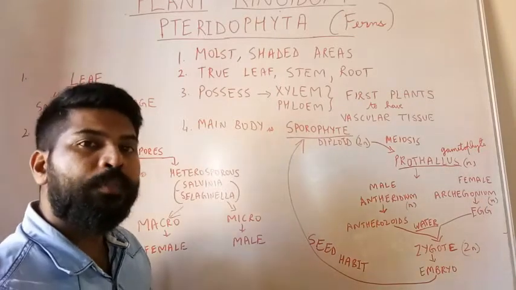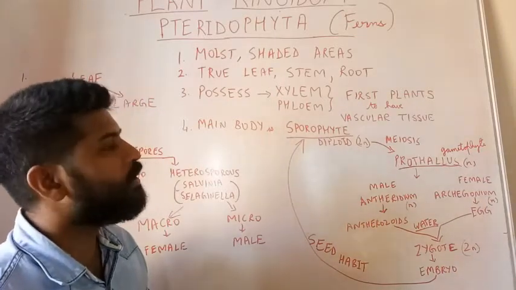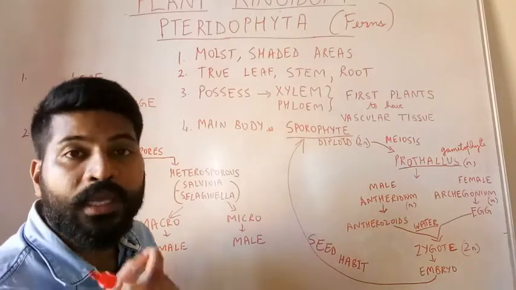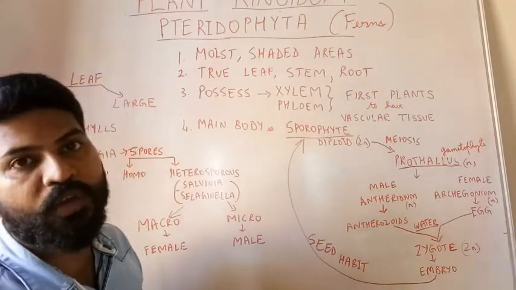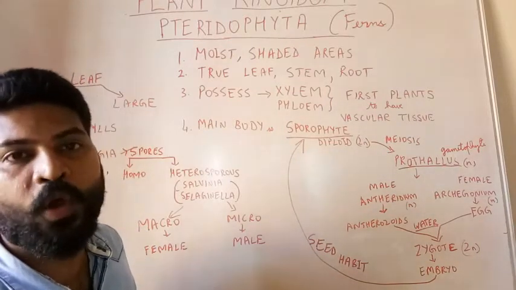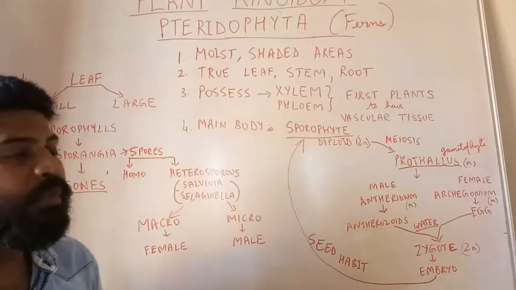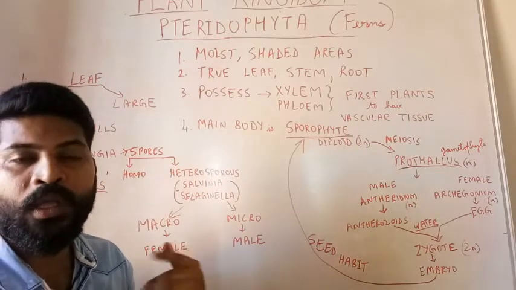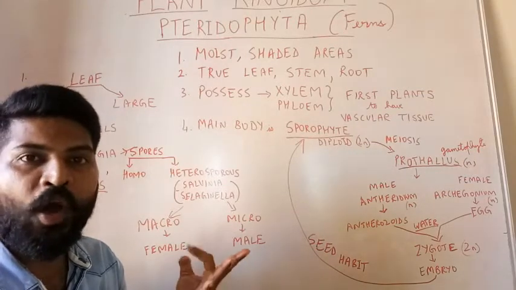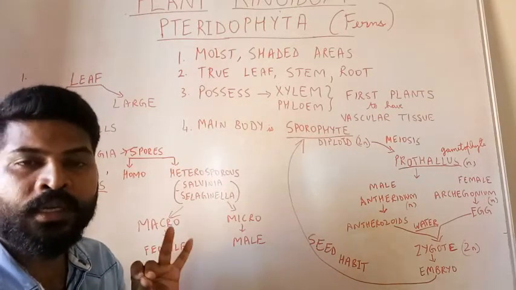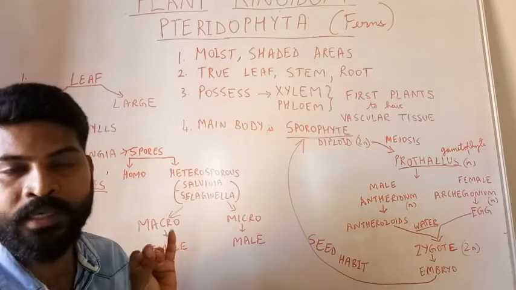So along with the help of moss, ferns also help in the process of ecological succession, soil formation and prevention of soil erosion. The Pteridophytes can be further subdivided into Psilopsida, Lycopsida, Sphenopsida and Pteropsida.